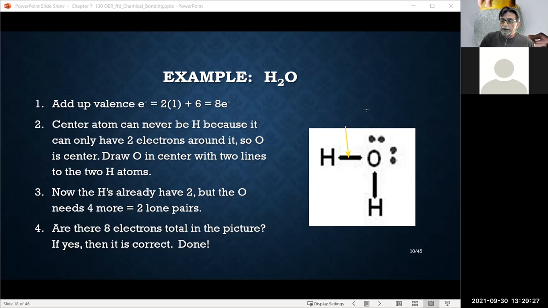These electrons right here are not being shared. They are on the central atom. They're lone pair. They're just hanging out there, so to speak. They're not doing anything with any other atom. And therefore, they're called non-bonding pair or lone pair. These with the line are called bonding pair because they are physically bonded. Okay.